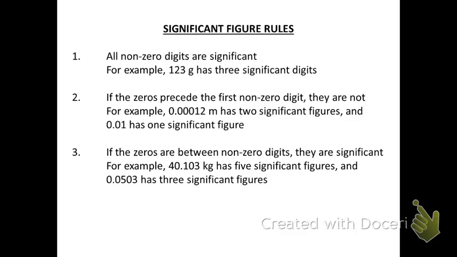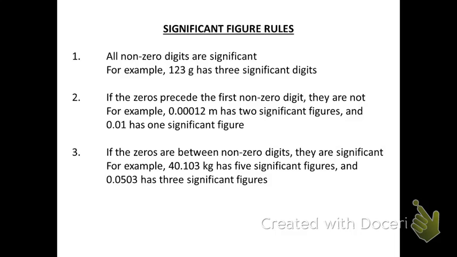Alright, now there's some simple rules that you need to follow when writing out or determining the correct number of significant figures. The biggest thing when it comes to writing significant figures or identifying how many significant figures are in a measurement is the zeros.